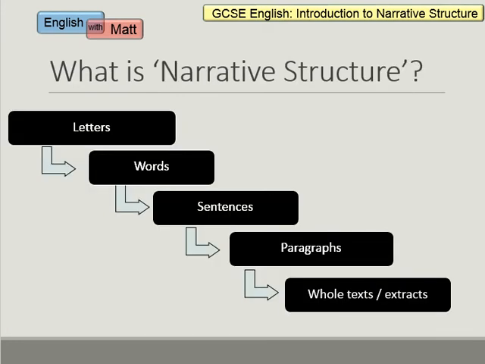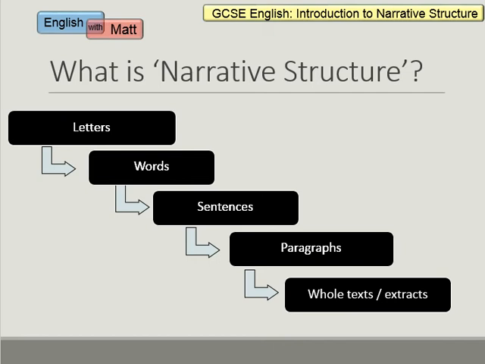So if we think about then turning our attention to writing, because obviously English is interested primarily in writing and reading and texts. If we think about it, you have letters, and those letters come together to make words, and those words come together to make sentences.